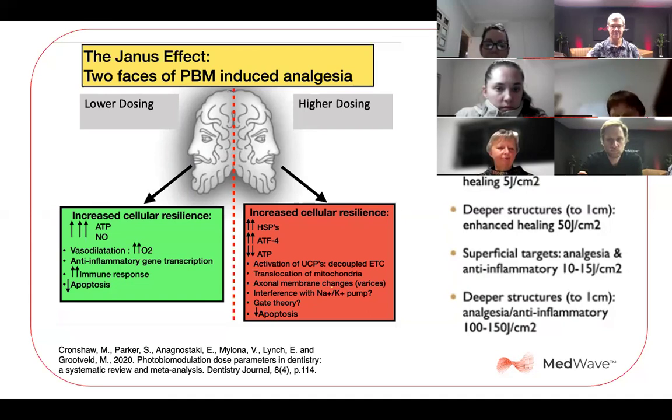At a higher dosing, you get things called heat shock proteins and signaling molecules that are involved in managing and protecting the system in the face of heat. You get a decrease in ATP, interestingly.